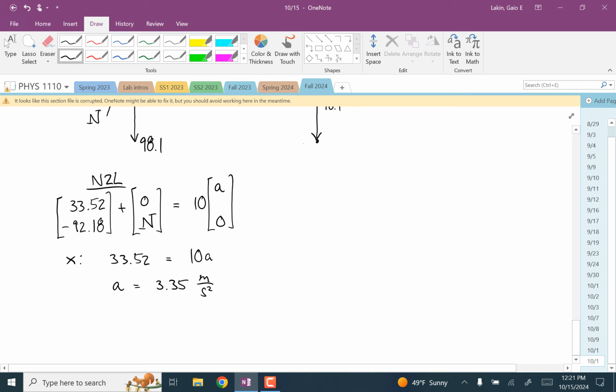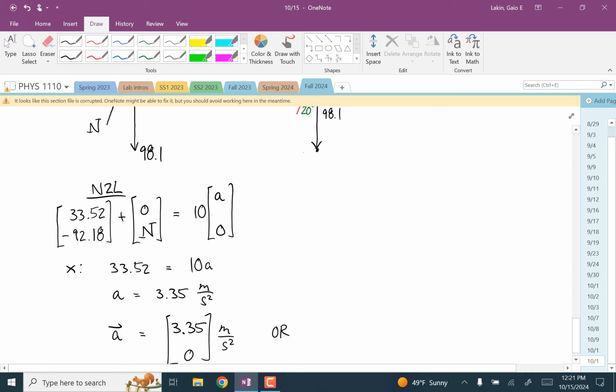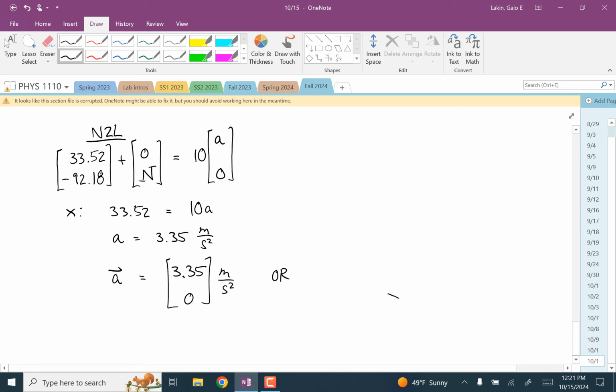Plug that into the acceleration vector, and you get that the acceleration vector is 3.35, 0. That's in the positive x direction, which is down the ramp. And so you could also think of this as an acceleration down the ramp of 3.35 meters per second squared.